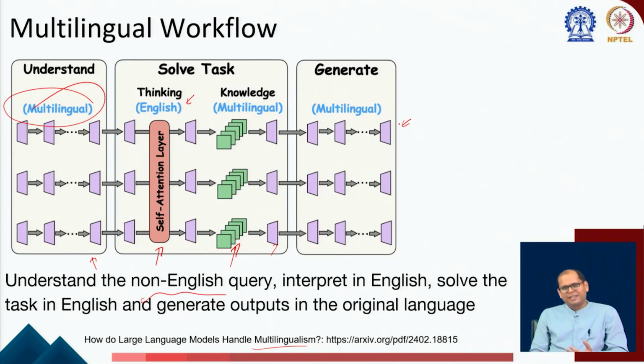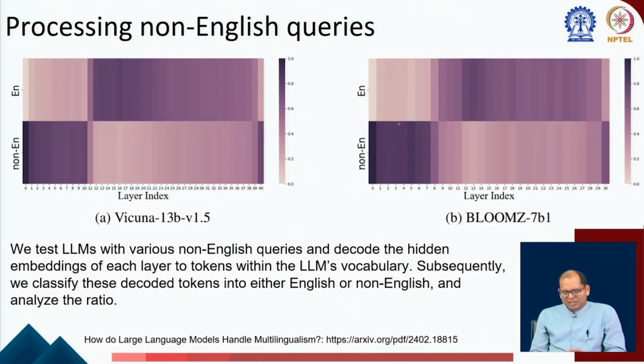So they give a much more elaborate picture on how multilingual queries really work in multilingual LLMs. For example, this is a plot that they show. They test with various non-English queries, and you again apply logit lens. So you decode various hidden embeddings of each layer, right? You project them to the LLM's vocabulary, but they don't just see the final token distribution.